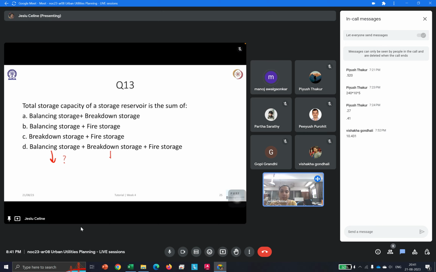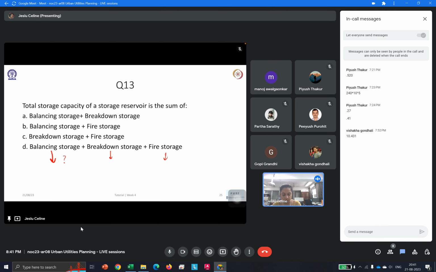We need some amount of water already stored in order to keep the system running. About 25% of the average daily consumption is usually taken for this breakdown storage.